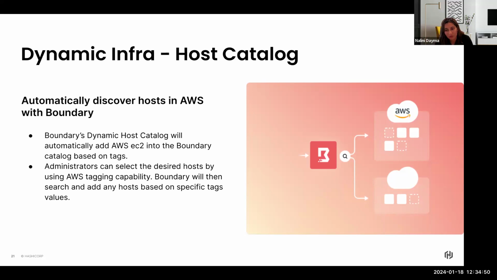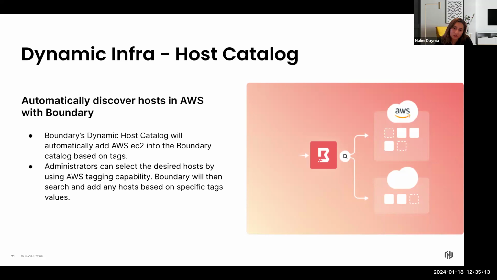In all different environments, you can have different tags, like environment equals dev, environment equals prod. And again, you can add more tags specific to applications. So for example, application name equals payment, application name equals shopping cart.